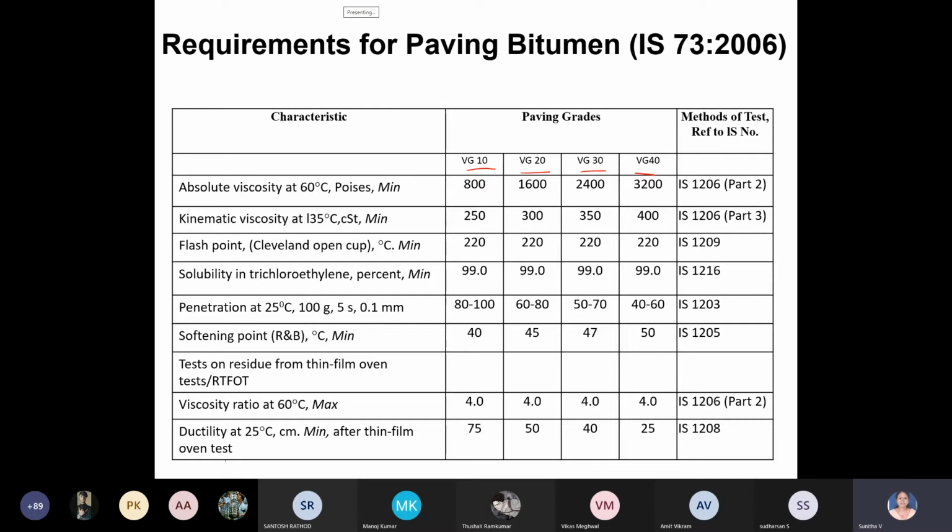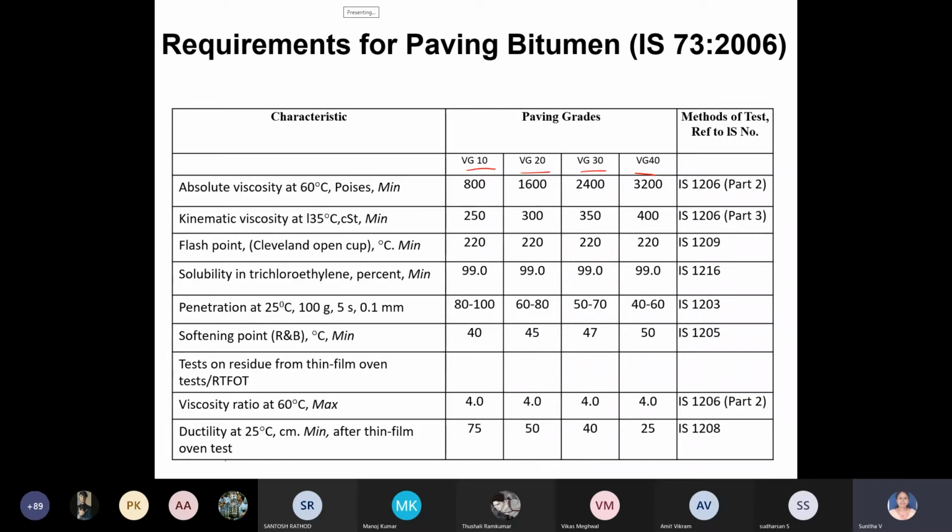Absolute viscosity is measured at 60 degrees Celsius, and kinematic viscosity is measured at 135 degrees Celsius. The equipment used to find absolute and kinematic viscosity is different, because the temperature varies. For kinematic viscosity at 135 degrees Celsius, it should be 250 centistokes minimum. Then you have to do other tests like the flash point test, 220 degrees Celsius minimum.